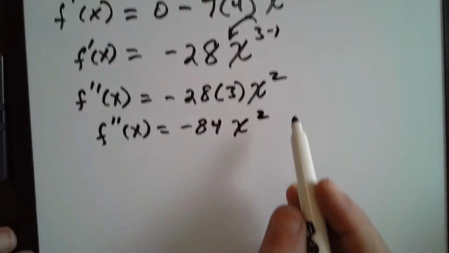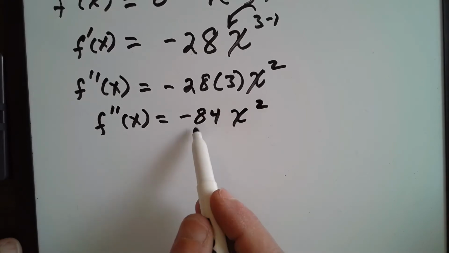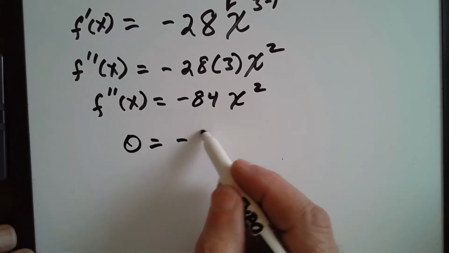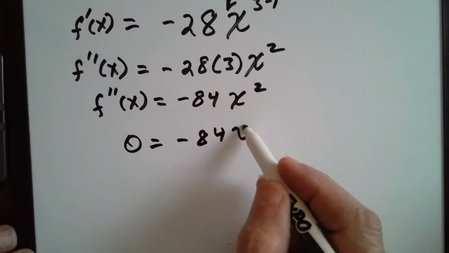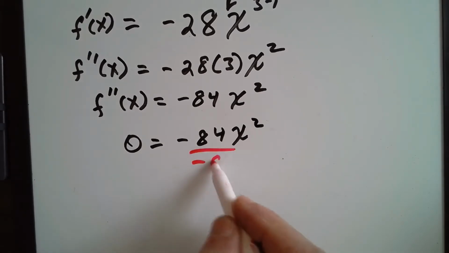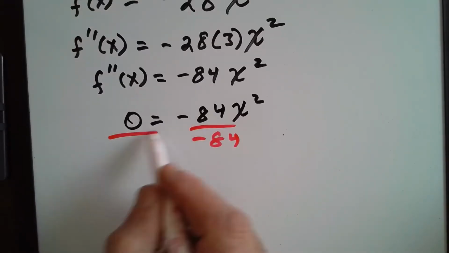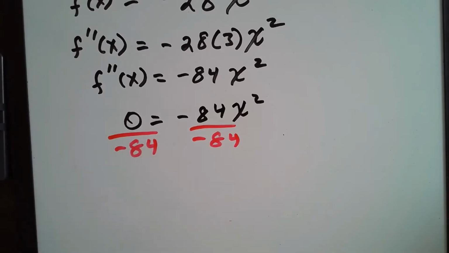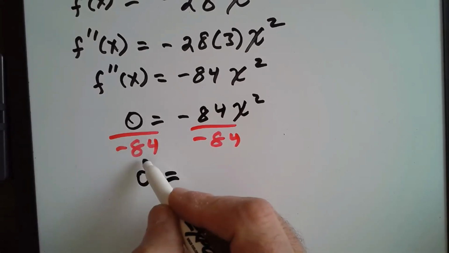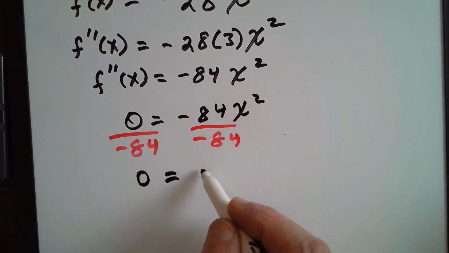So if we were to find the point of inflection, we'd have to set that equal to 0: negative 84 x squared equals 0, and then we divide by negative 84, we get 0. 0 divided by anything is still 0.